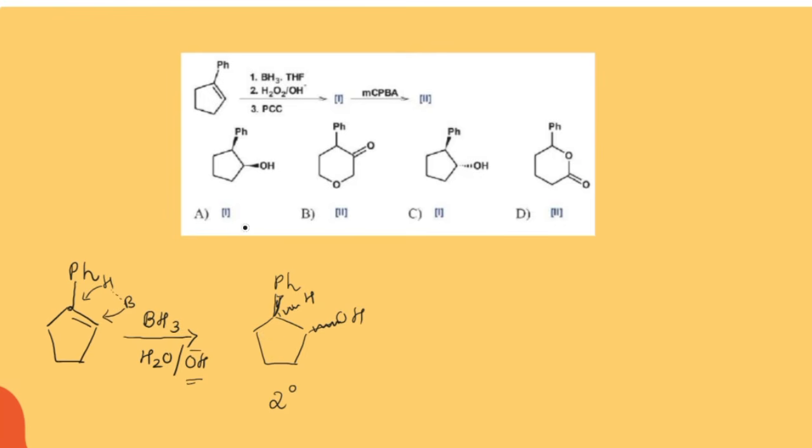Okay, but here the stereochemistry doesn't even matter. Why so? Because the product 1 is an oxidized product of the secondary alcohol. That's why I told you, just by looking at the stereochemistry, don't avoid the question. Here the stereochemistry of the alcohol doesn't even matter, because when this undergoes oxidation in presence of PCC, what are we going to get?